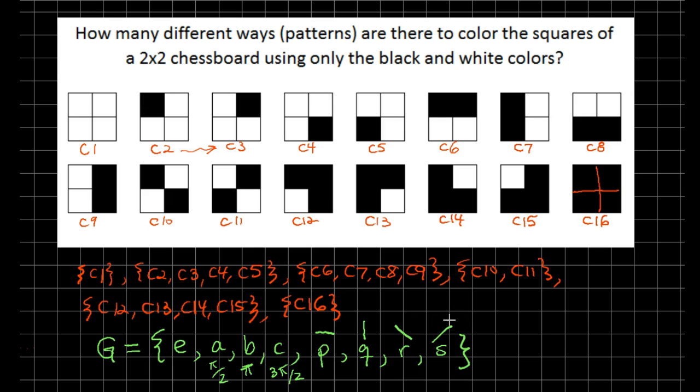So these are the 8 symmetries, the group members of the group of symmetries of the square.